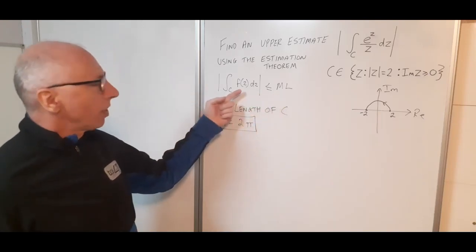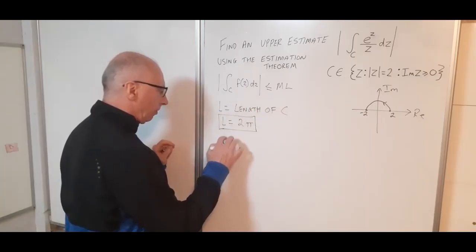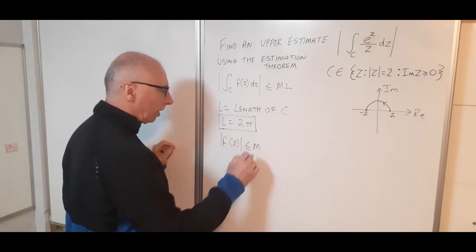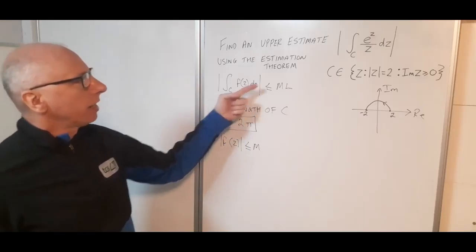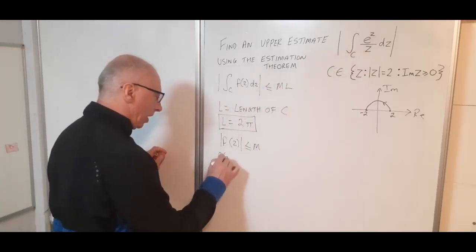Now what we want to do for that is just take out our integrand, f of z, and take the absolute value of that, and that to be less than or equal to some value M. So in this case, our f of z is e to the z over z. So let's define our f of z.